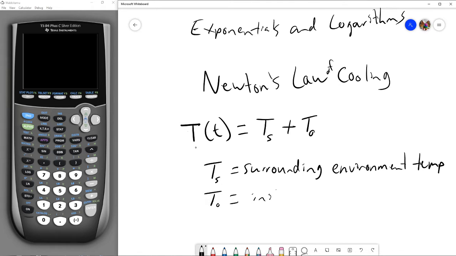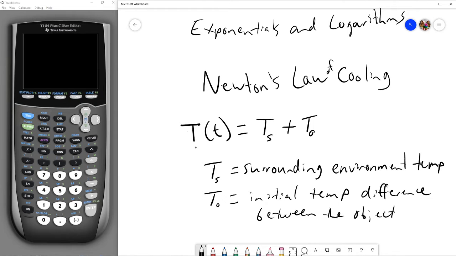So we are going to say this is the initial temperature, but we want to say it's the initial temperature difference between the object and its surroundings.